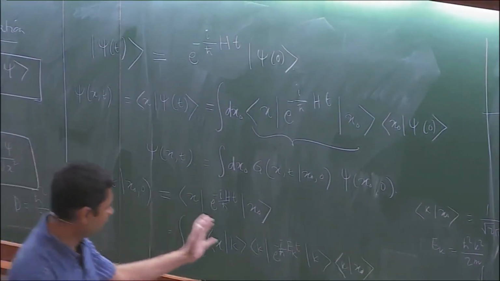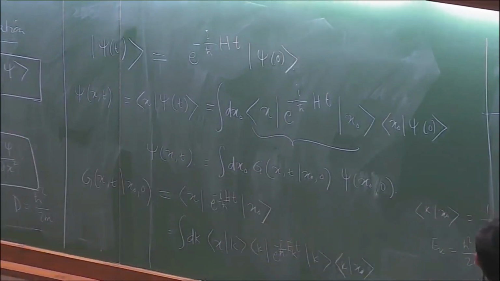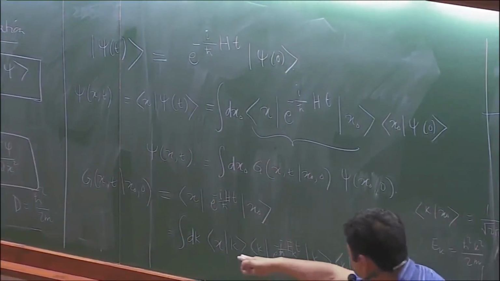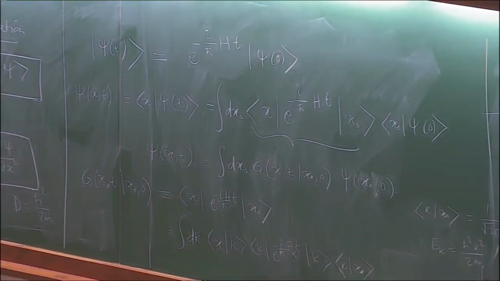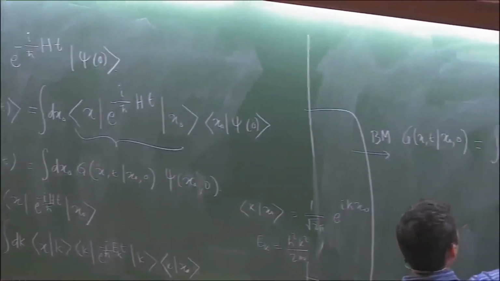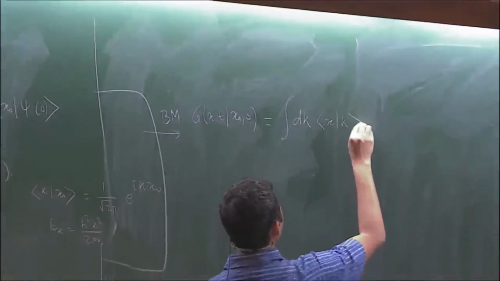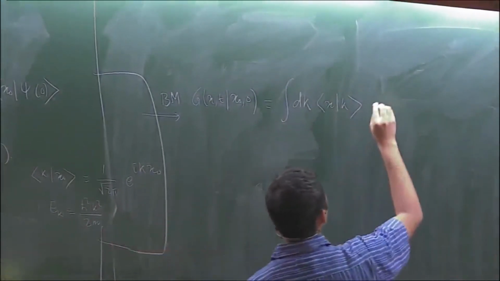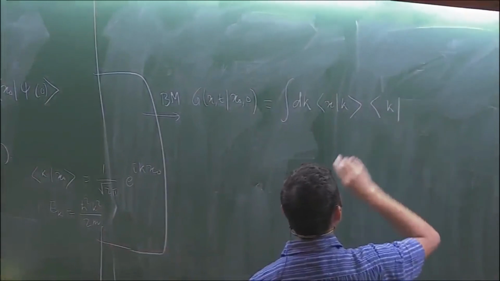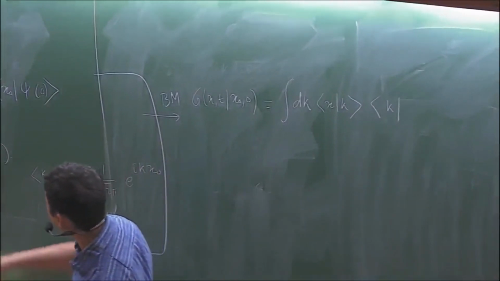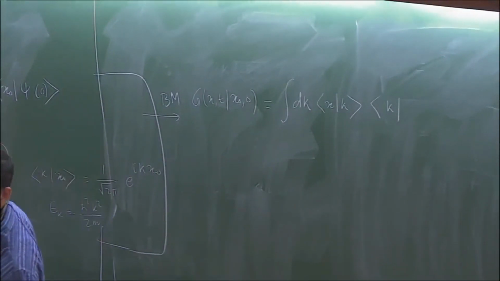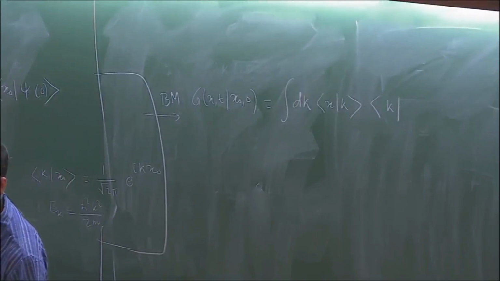So if I take this one and go to this thing, what will be the propagator? So this is exactly the same. So this is of course dk, x k. So this one will be k, i by h cross t becomes t, right?